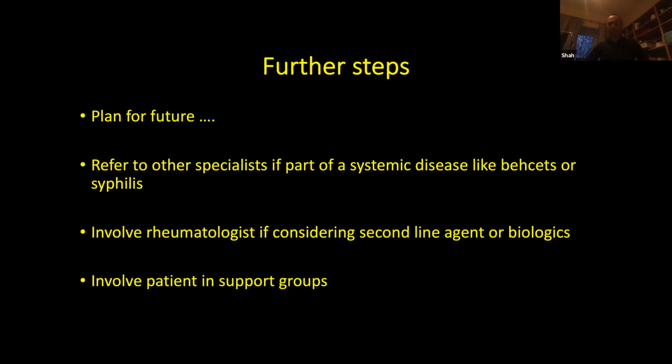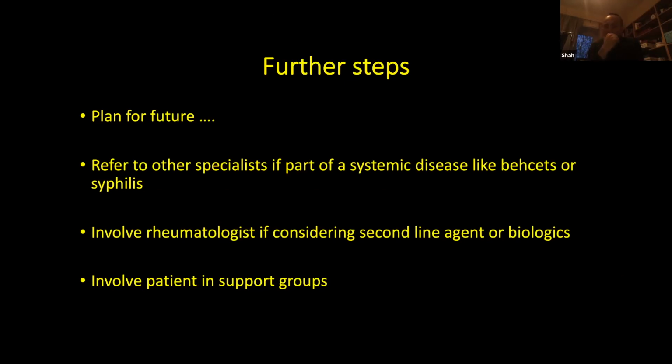And always, if you're starting oral prednisolone and you think the condition is chronic, ongoing, or systemic, then you need to get them off these systemic steroids, and then you're thinking of second-line agents. So you must have a good rheumatologist or physician within your practice to collaborate with, because they would know what drugs to use. And increasingly, we are now using biologic agents, which have a whole host of side effects.